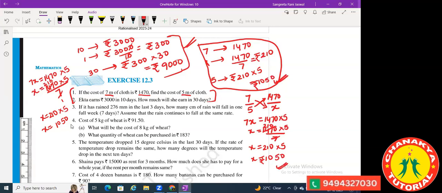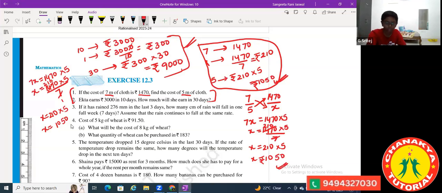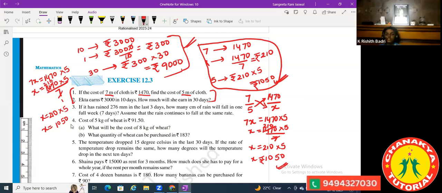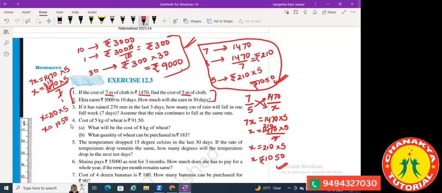Ma'am, I also got 18.30, that is, 1 kg wheat is 18.30. Okay, now you can multiply that 1 kg cost with 8 kg. Multiply with 8.